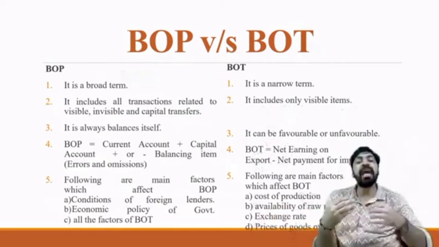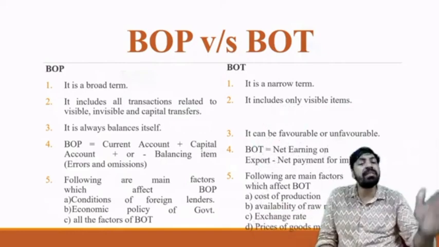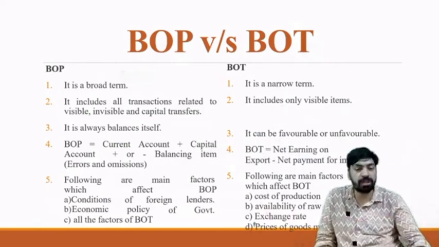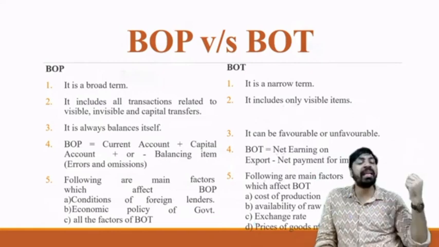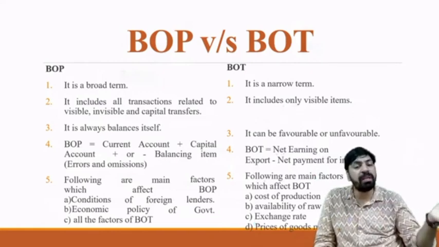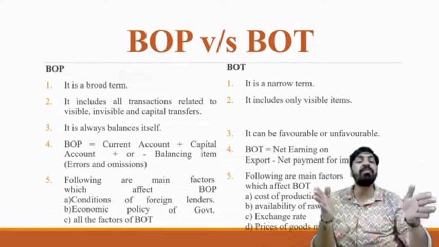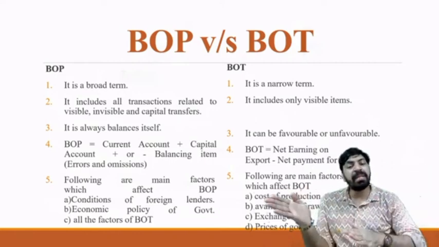The item that we include is called the balancing item, which is called errors and omissions. There could be anything omitted or any errors involved.